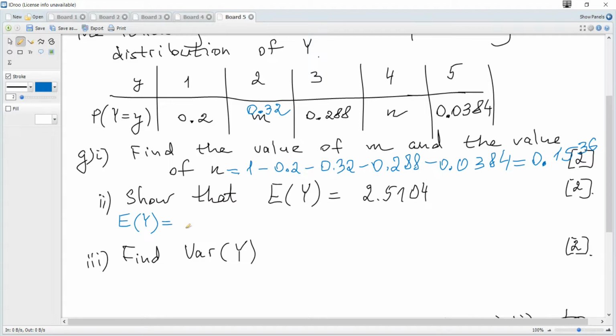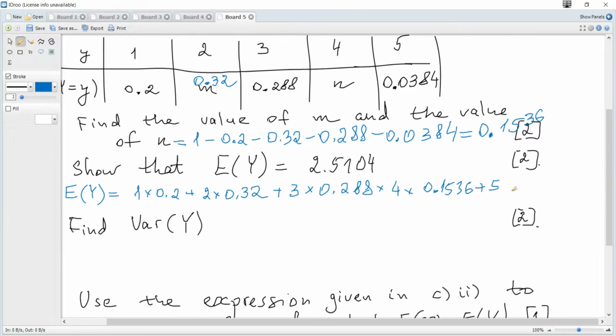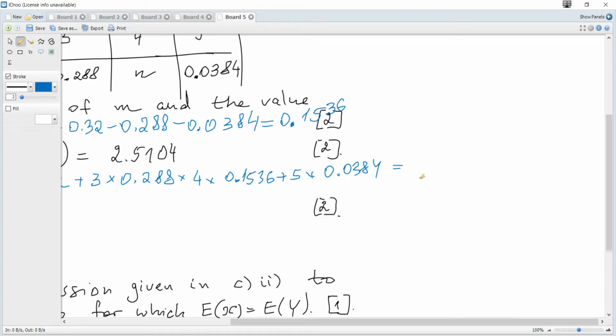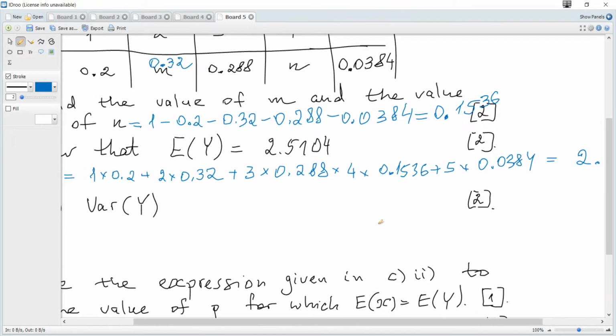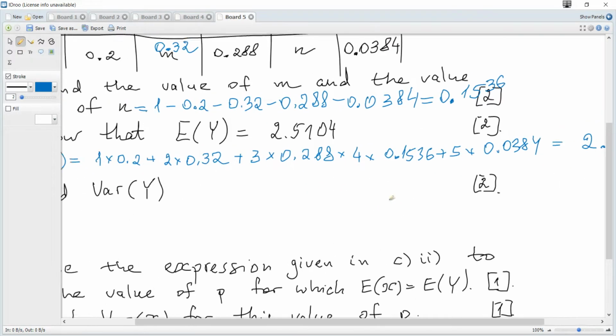So it becomes 1 multiplied by 0.2 plus 2 multiplied by 0.32, plus 3 multiplied by 0.288, plus 4 times n, what is n, 0.1536, and plus 5 multiplied by 0.0384, and it is equal to 2.5104, or you may round to 3 significant figures.